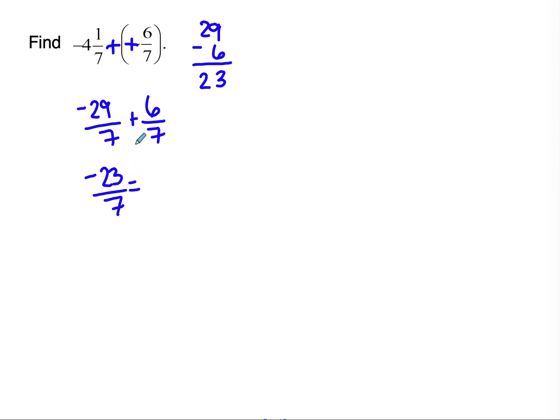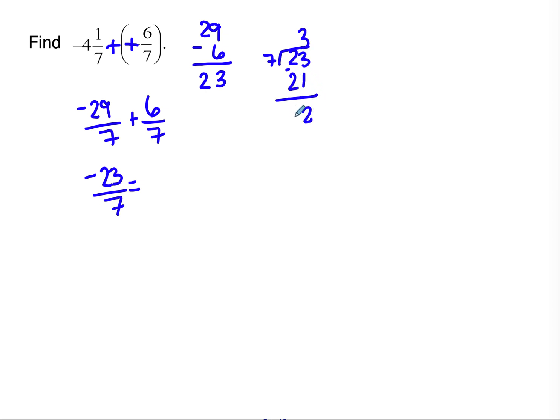That's an improper fraction because I have more on the numerator than the denominator. So I need to do some division. Our numerator goes on the inside, 23. Denominator goes on the outside. 7 goes into 23 3 times. 3 times 7 is 21. 23 minus 21 is 2.